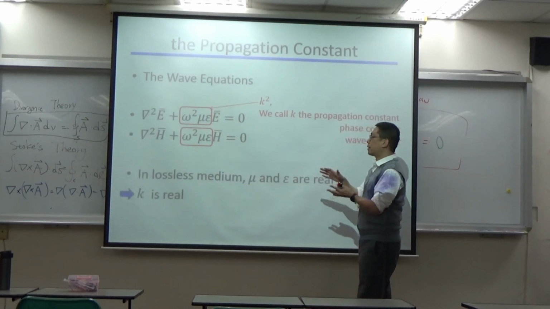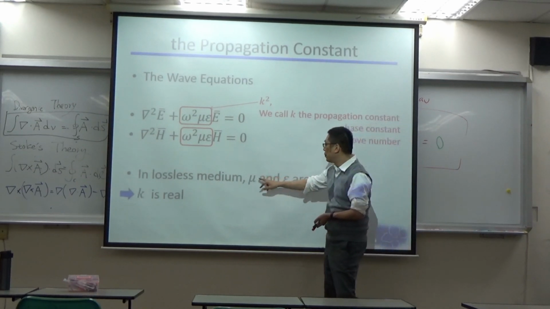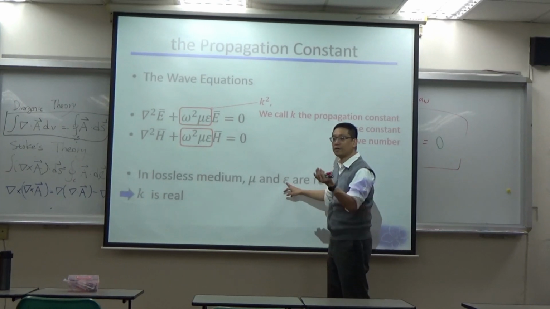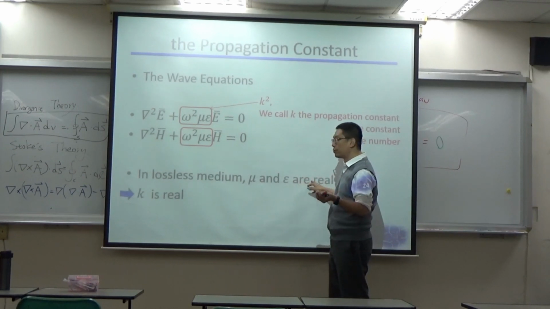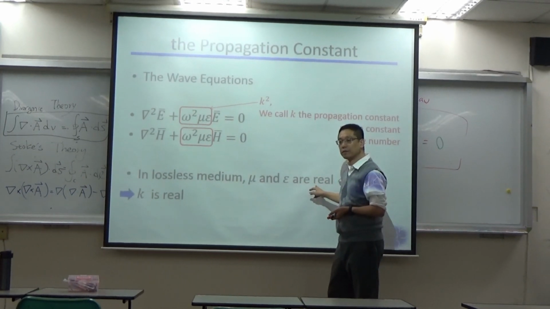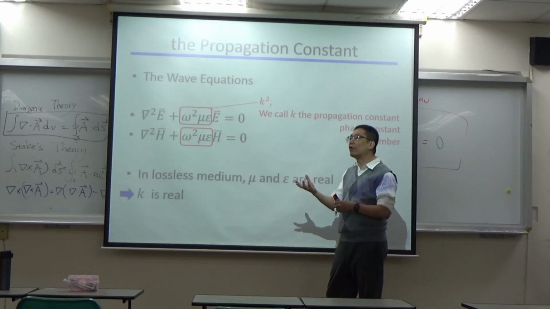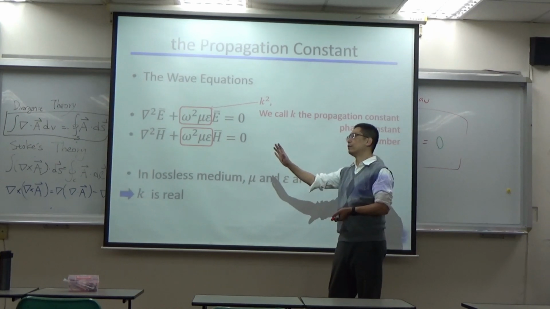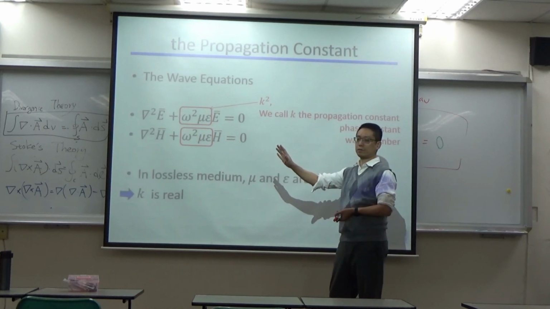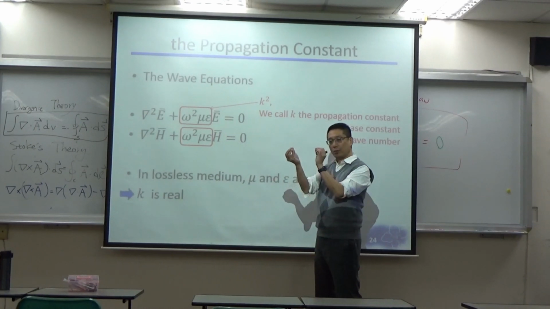If this is the material, it is lossless. Mu and epsilon are real numbers. Okay. Or it is a very low loss material, where you don't see the loss. Mu and epsilon are real numbers.